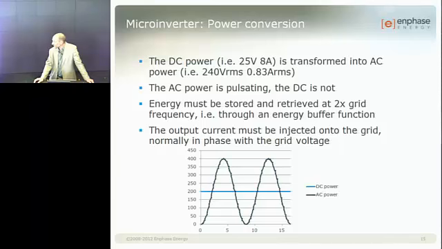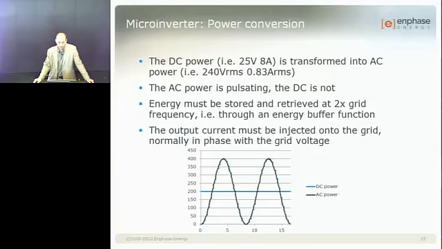other one is pulsating. So bottom line is any single phase inverter has to have some kind of energy buffering system that can store energy when you get more DC power in than AC power going out, and retrieve that when the AC power is high and the DC power is still the same.